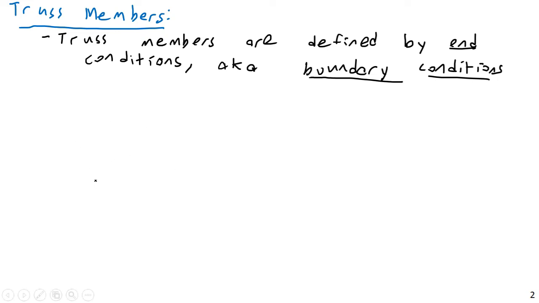So what kind of boundary conditions can exist for a member? So let's look at some possible member boundary conditions.